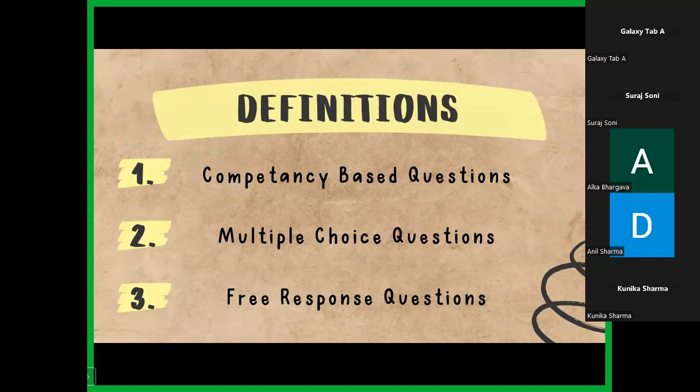So first we have a look at what the multiple choice questions are. Competency-based questions I'll take up later on. Now, multiple choice questions basically are the kind of questions where we have a question and options given with it.